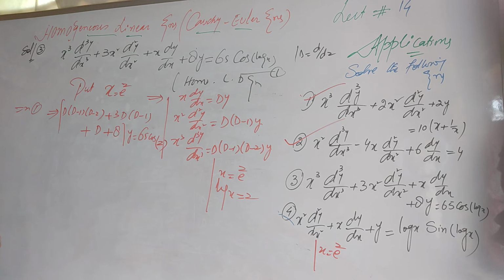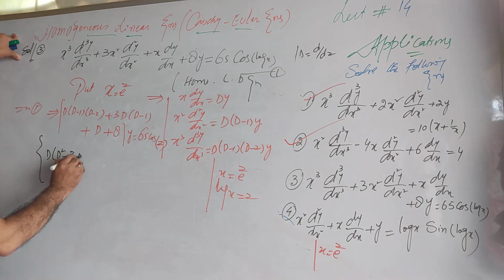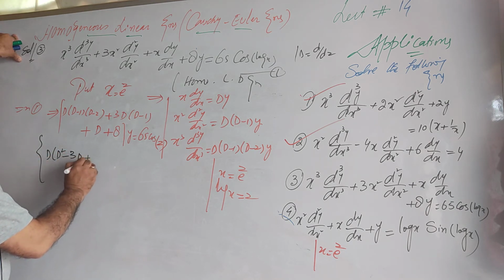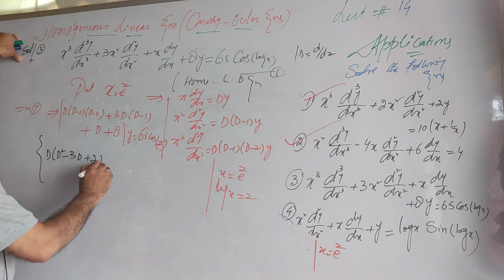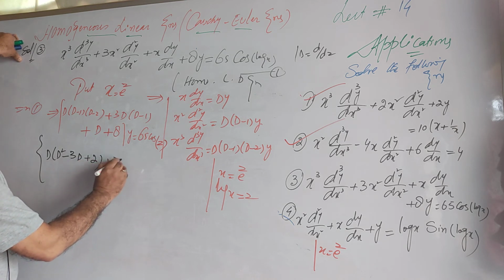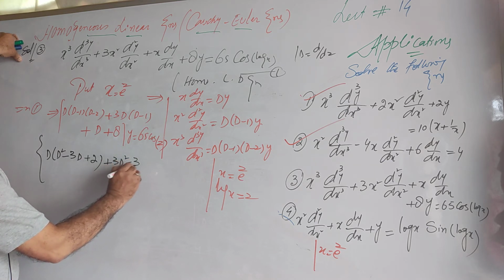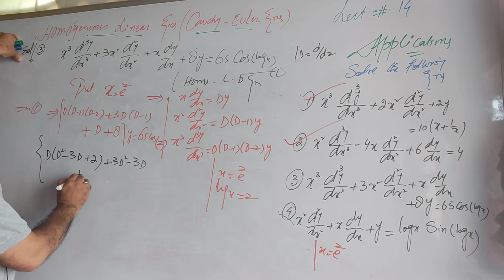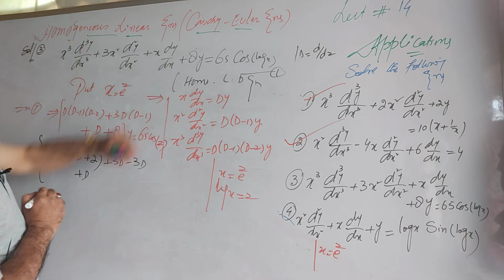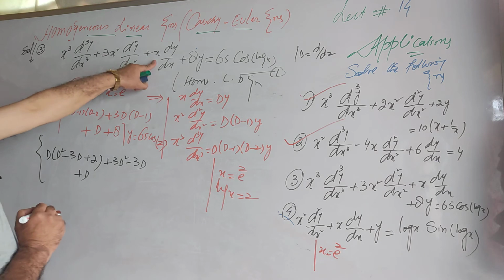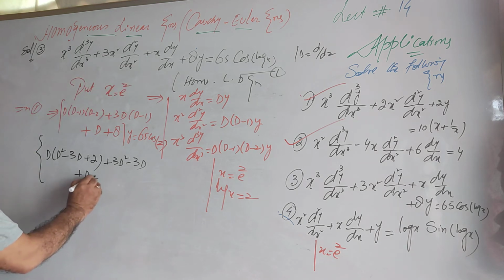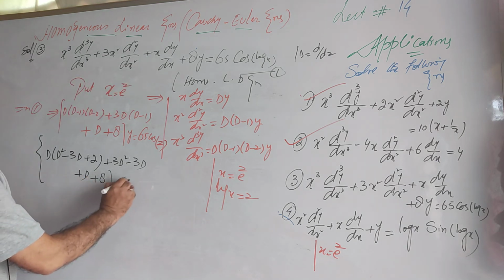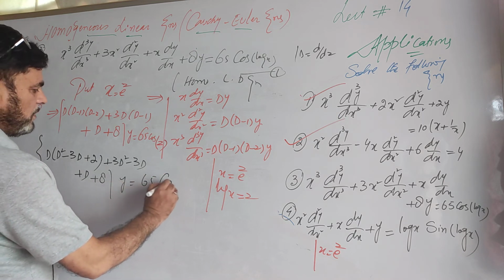Let us simplify this now. This will be D, D square minus 3D plus 2, plus 3D square minus 3D, plus D, plus 8, y is 65 cos z.